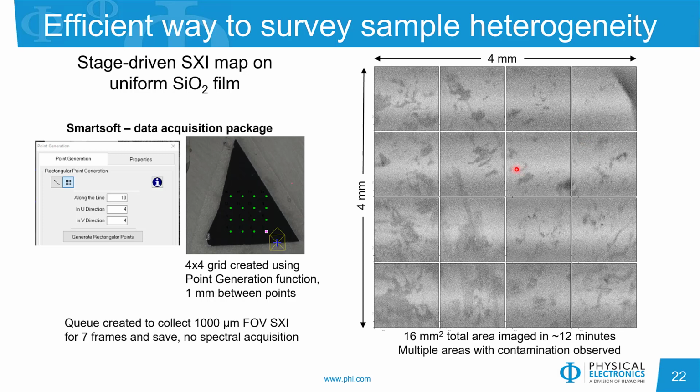So we can see that there are multiple areas with really high amount of contaminations. So it's a really fast way to understand whether you have heterogeneity. If you are focused on study of heterogeneity, you can know which part of the sample to go to, or if you would like to avoid them, you also can select maybe an area on the sample that is free of contamination.